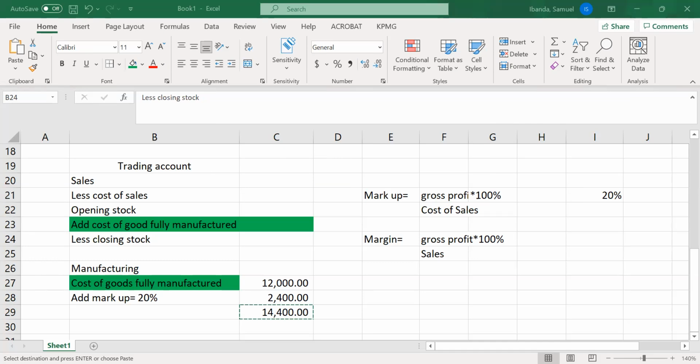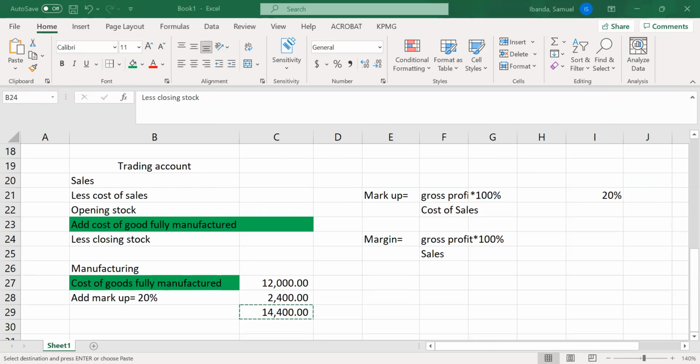Now, one of the things I was going to look at is the reason why, after we have looked at transferring goods at a markup, we bring in aspects of provision for unrealized profits on inventory.